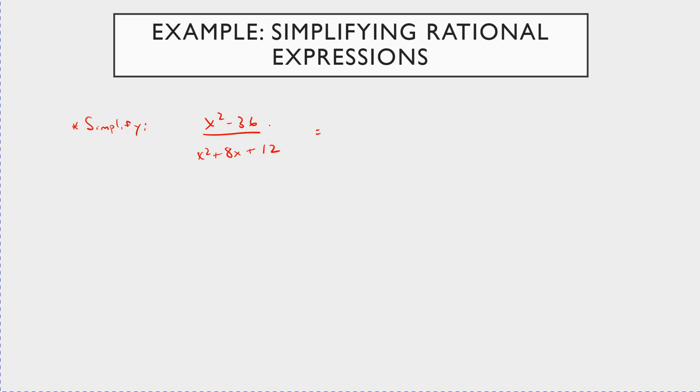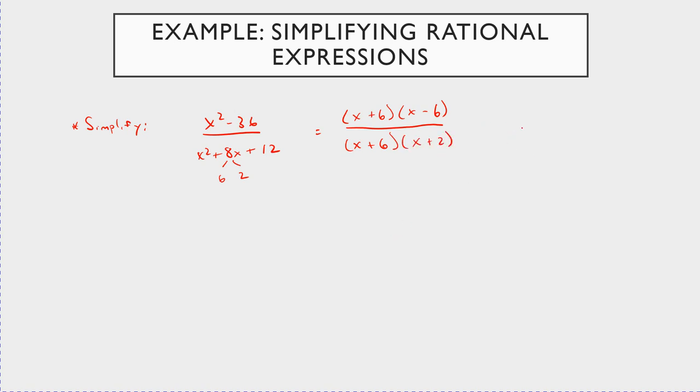The first thing you do is factor, right? So this looks like the difference of two squares because 36 is 6 squared. So this will factor into x plus 6 times x minus 6, divided by, okay, what two numbers multiply to 12 and sum to 8? Well, that would be 6 and 2. So this is going to factor into x plus 6 and x plus 2.